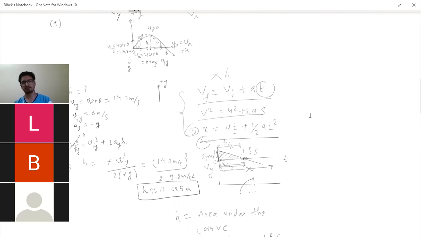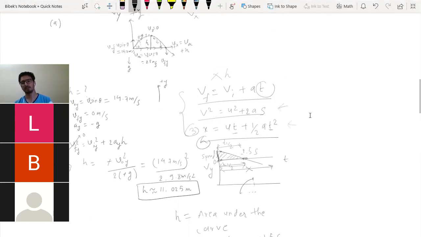Then you don't use the first equation because it involves time, and you don't have the time. You need to calculate the distance, so you have to use either this one or this one. If you have time, go for this one. If you don't have time, and you only have the acceleration and the velocity, go for the second one. That's how you filter out which one to use.